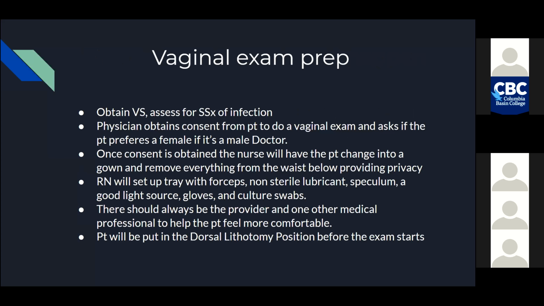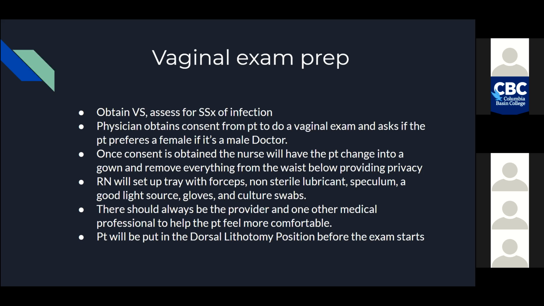For the vaginal exam prep, first you want to obtain vital signs, assess for signs and symptoms of infection, and get a history of what led up to it. Then you want to make sure the physician obtains consent from the patient to do a vaginal exam and asks if the patient prefers a female provider, if it's a male doctor, just to make the patient more comfortable.